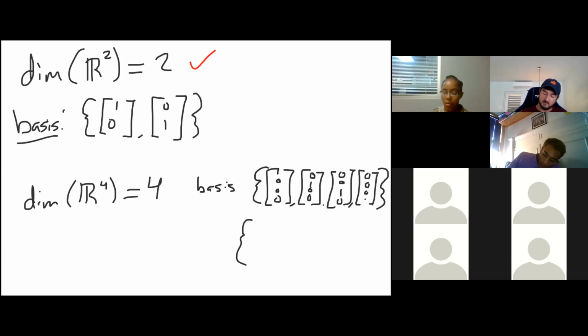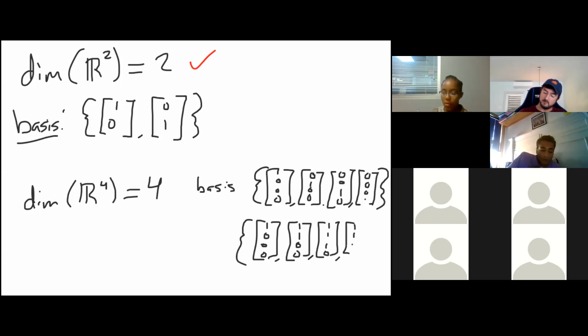It could also be 1, 0, 0, 0, 1, 1, 0, 0, 1, 1, 1, 0, 1, 1, 1, 1. We showed on Friday that that collection of vectors forms a basis for R4, but again, how many vectors are in there? There are 4.